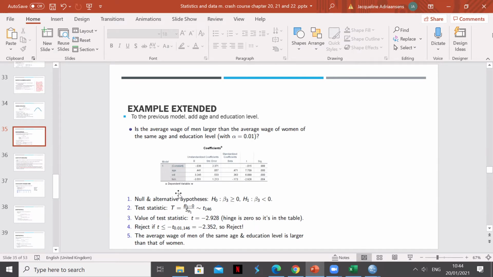So going from a male to a female should be negative. So we test if beta 3 is less than 0. In fact, we're testing if men indeed earn more than women, but because we have a female dummy, we turn it around. And the null hypothesis is then the other way around: testing if beta 3 is more than or equal to 0.